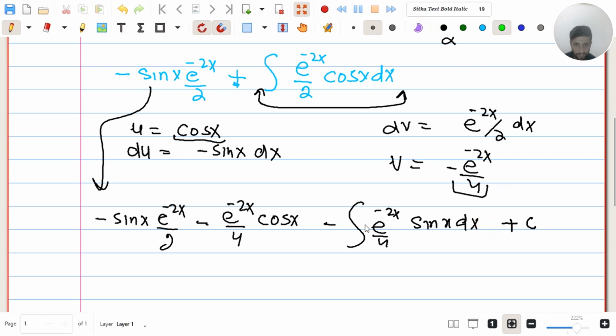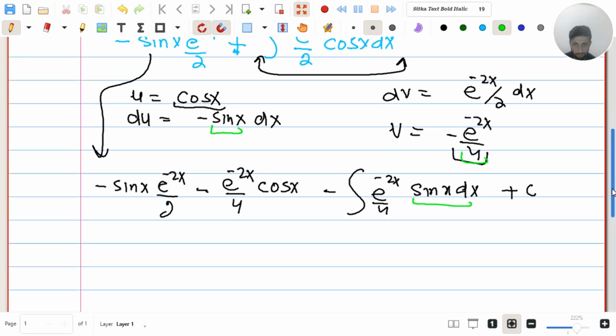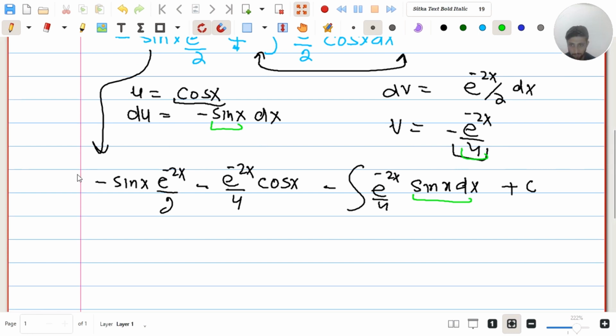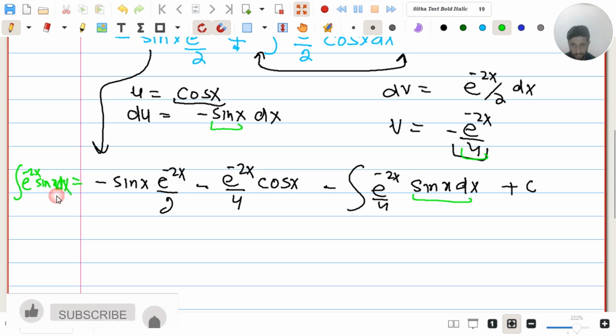As you can see, this e to the power minus 2x is my v and this is my du. Now you can see that this is simply equal to the integral of e to the power minus 2x sine of x dx.